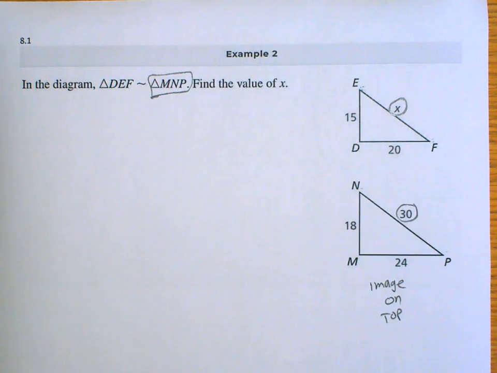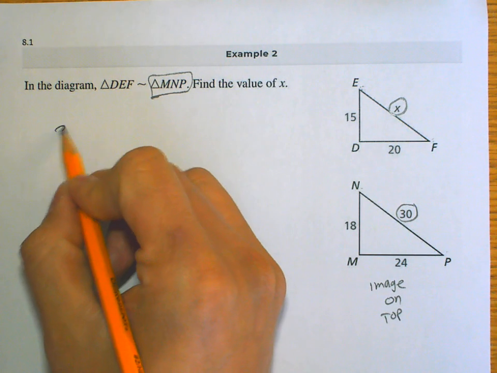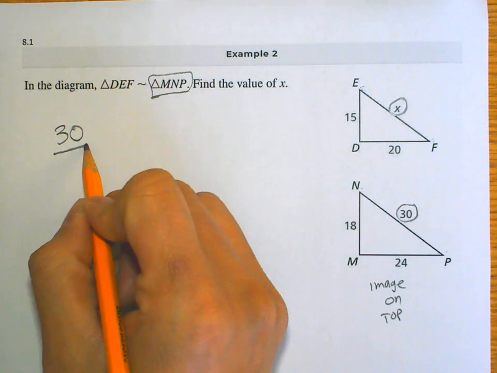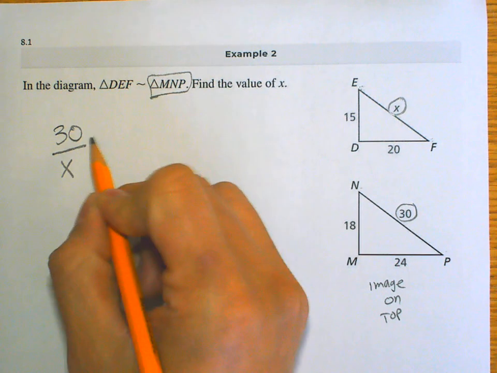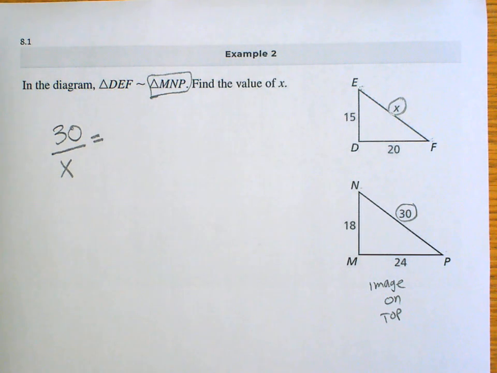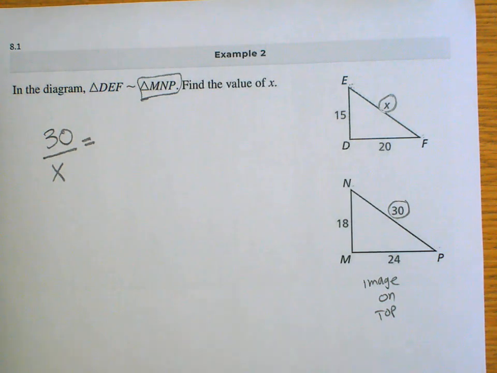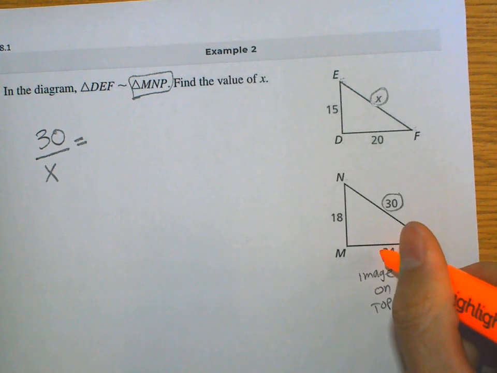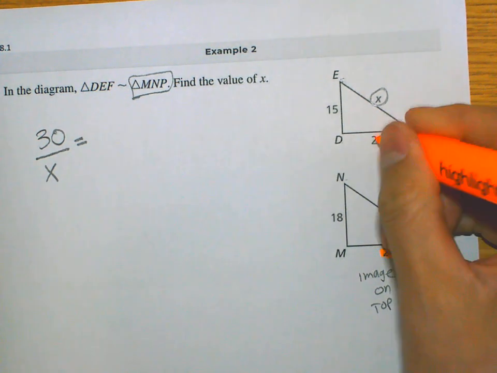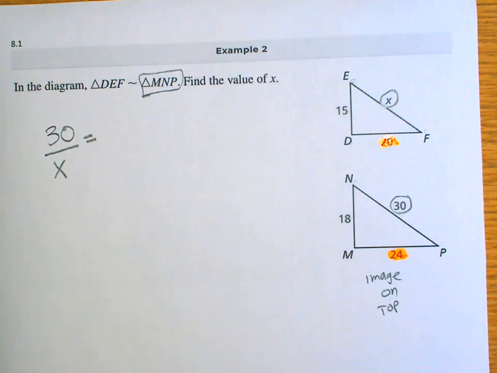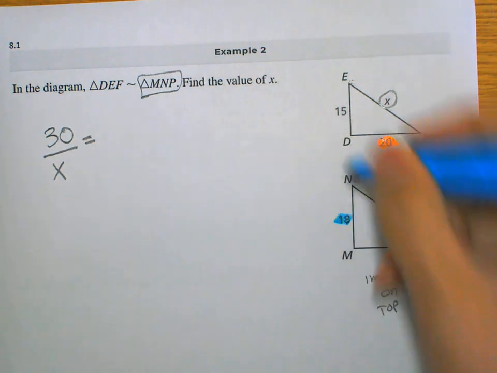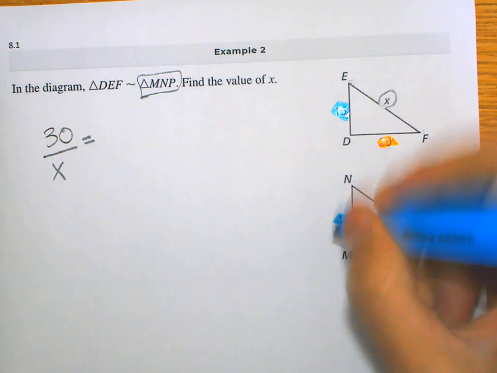Always. All right, so I have 30 over x, and I'm going to set up a proportion equal to, now here's where I have two options. I can do 24 divided by 20, or I can do 18 and 15.